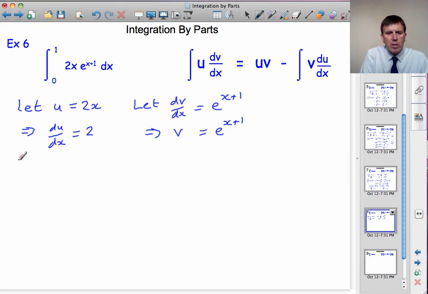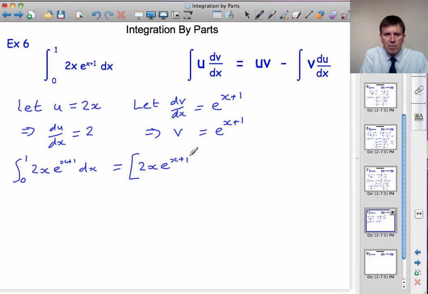Now we can write our integral, the integral from 0 to 1 of 2x e to the x plus 1 dx, is equal to uv, which is 2x e to the x plus 1. Definite integration, so we evaluate that between the limits of 1 and 0, minus the integral of v du by dx, which is just e to the x plus 1 times 2.